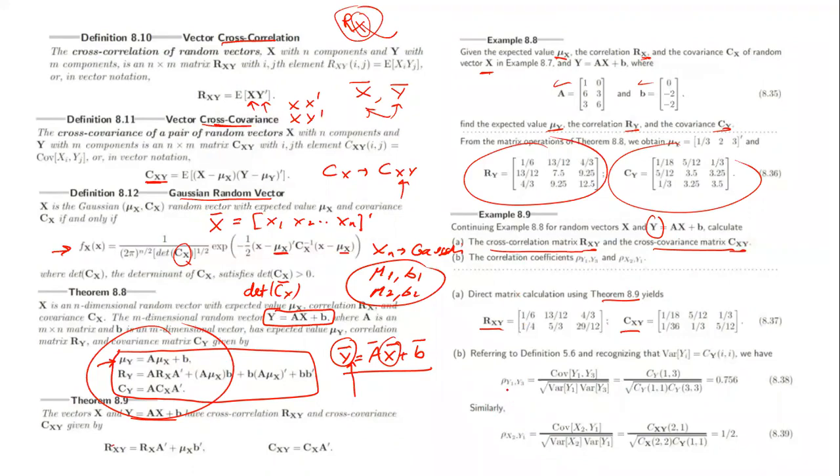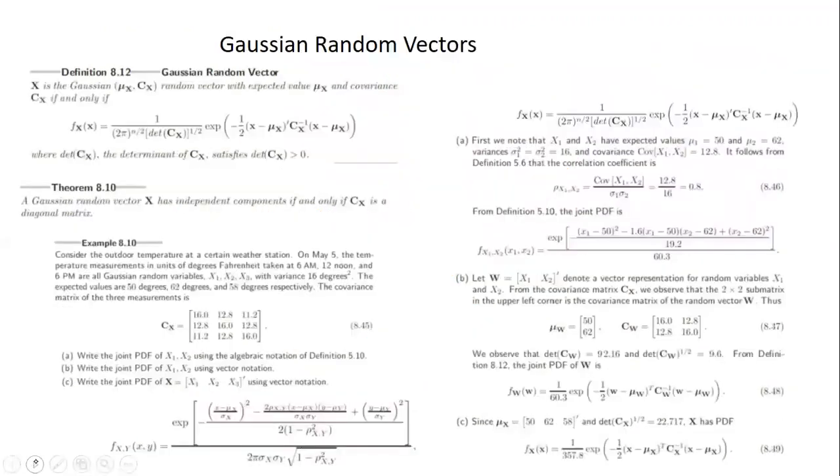Here the correlation between the elements of the vectors can be found by using the theorems that we have already studied in previous slides. Okay, Gaussian random vectors.